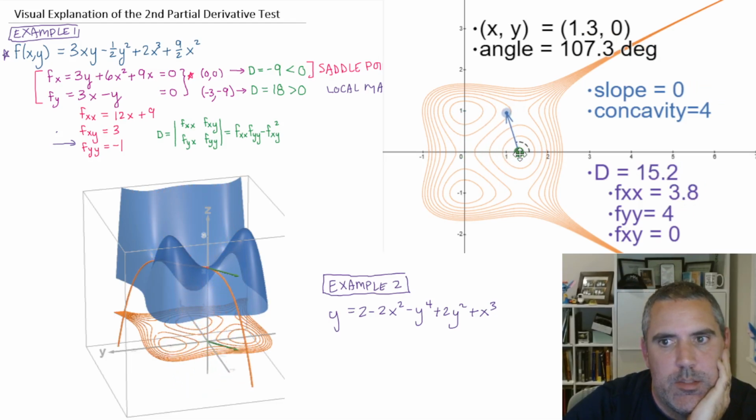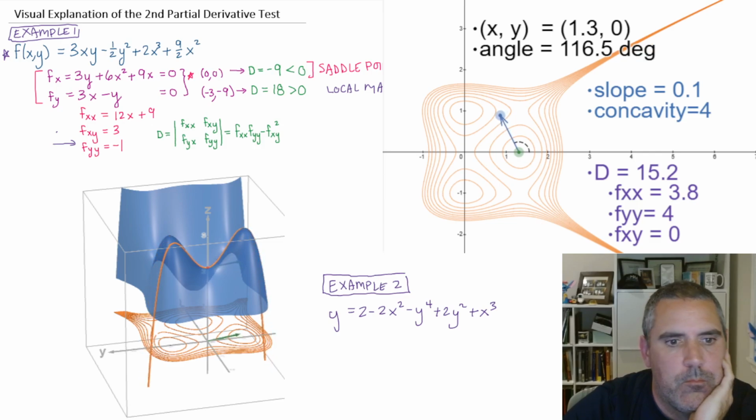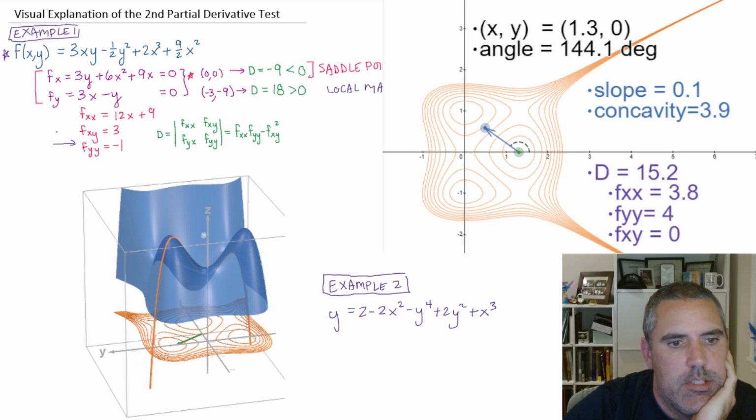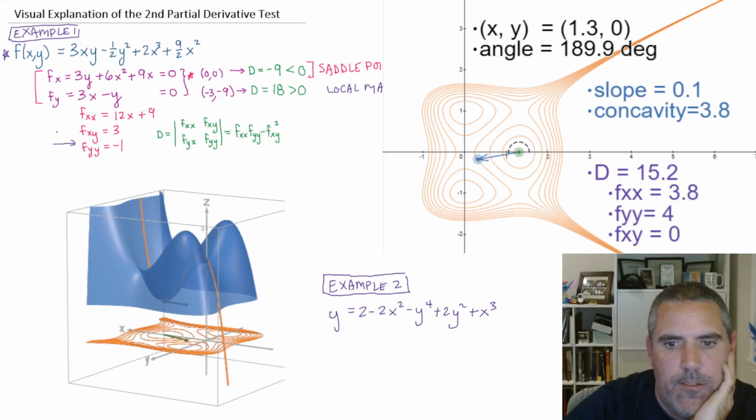Let's go back here to this point. Let's see. This is when x is, I believe it's 4/3, 1.3, about. And you can't see, it's back there.